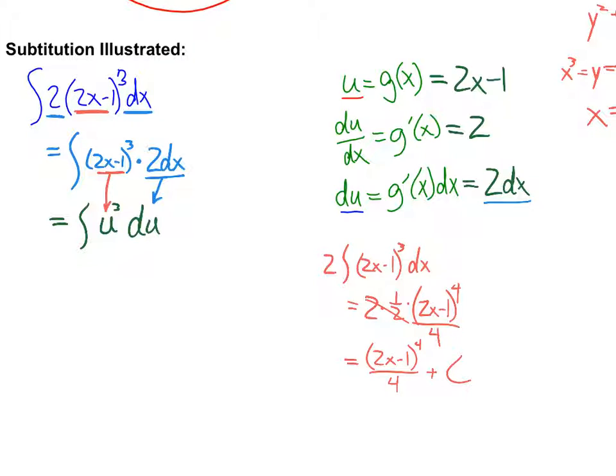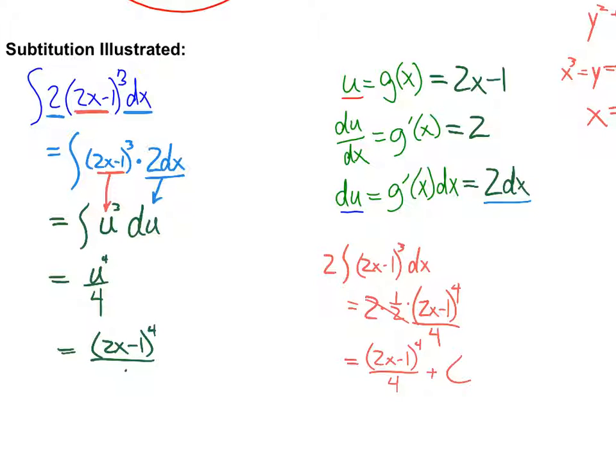So now we can take the integral. The integral of something to the third is something to the fourth over 4, right? But I don't want the integral with respect to u, I want the integral with respect to x. So now I'm going to substitute back in the u. U is 2x minus 1.